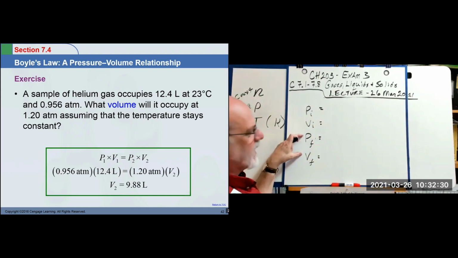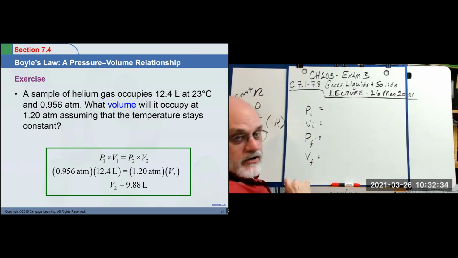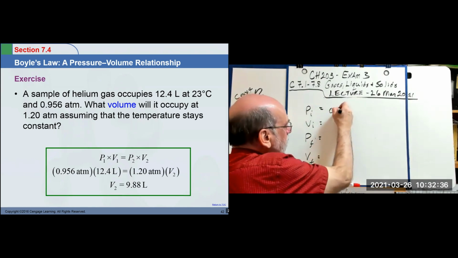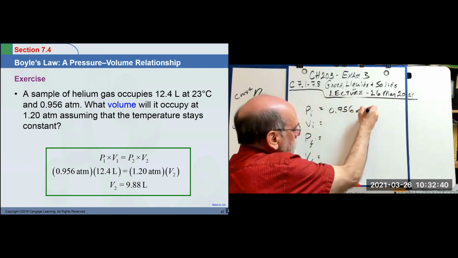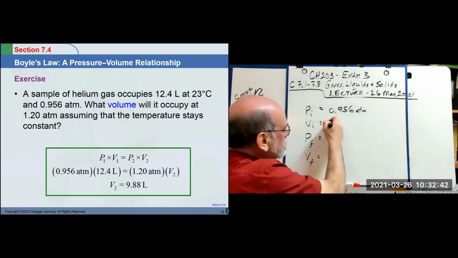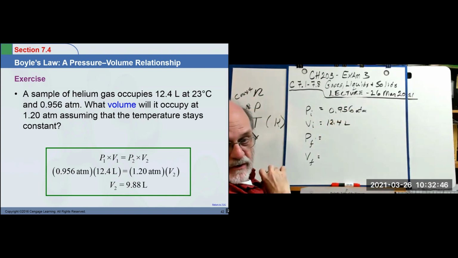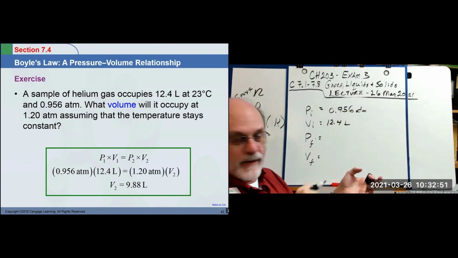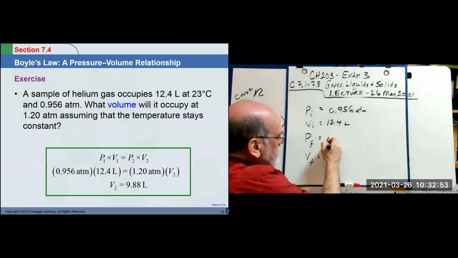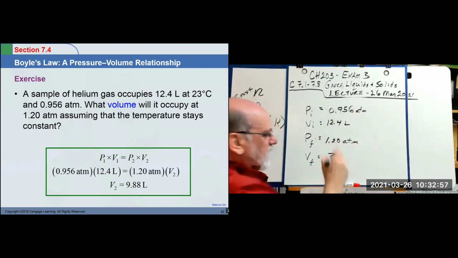So these two multiplied together equals those two multiplied together. So initial pressure is 0.956 atmospheres. Volume is 12.4 liters. Pressure afterwards, what volume will it occupy at 1.2 atmospheres? So we're increasing the pressure to 1.2 atmospheres, and there's your unknown.